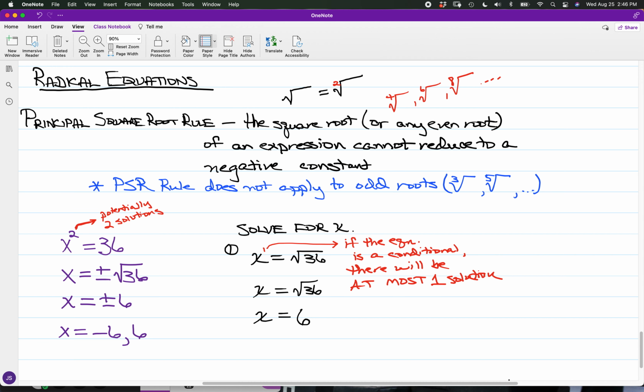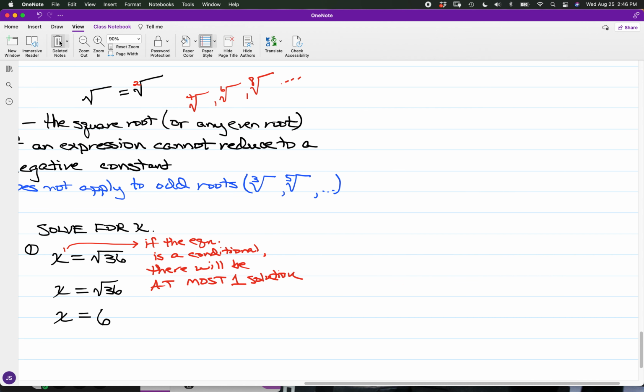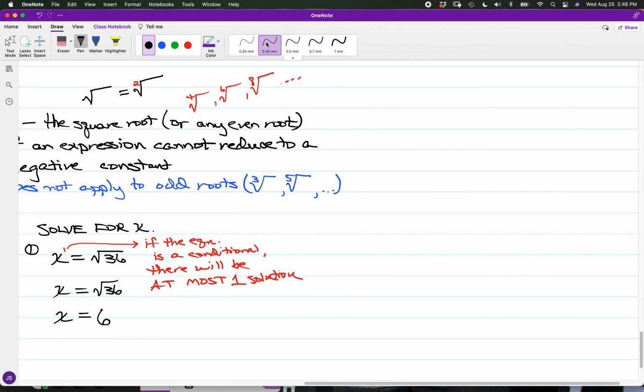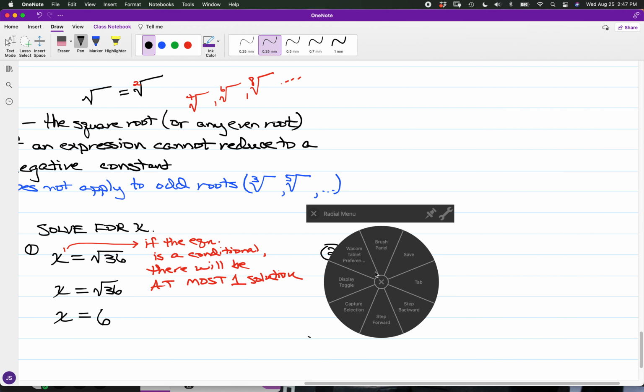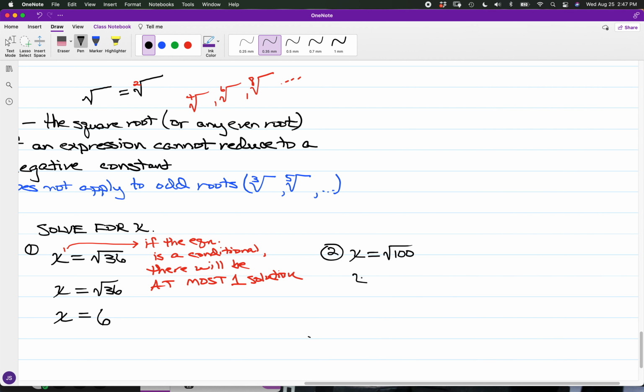Now in the case of radical equations, in solving for x, if I have that x is equal to the square root of 100, again 100 being a perfect square value, we have at most one solution, so we're going to have x is equal to 10.